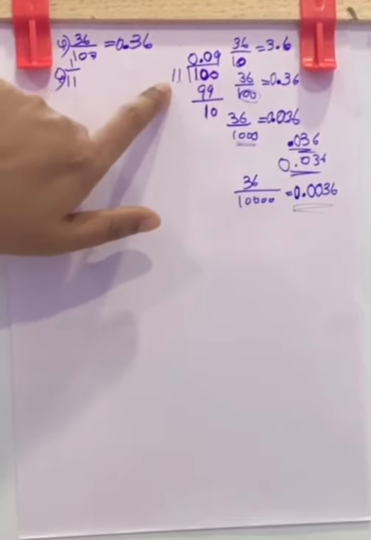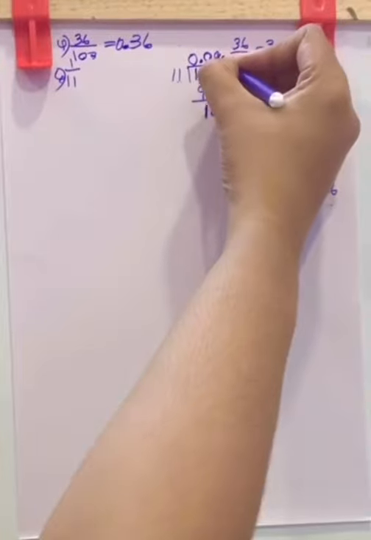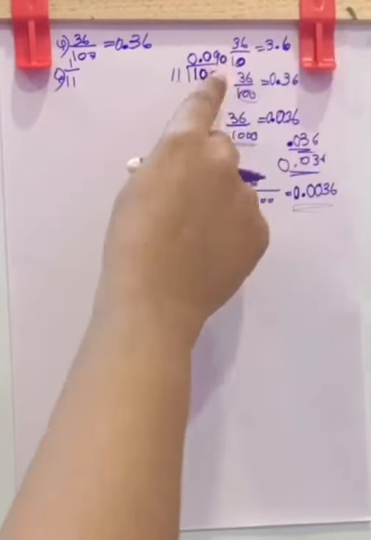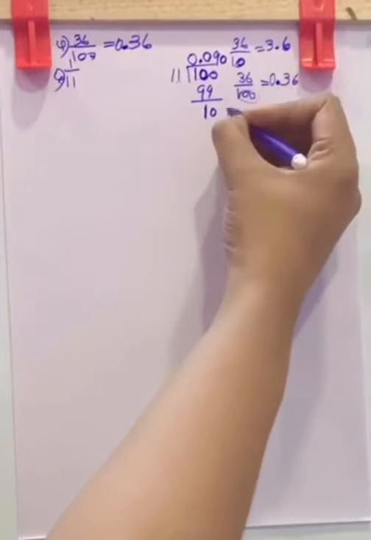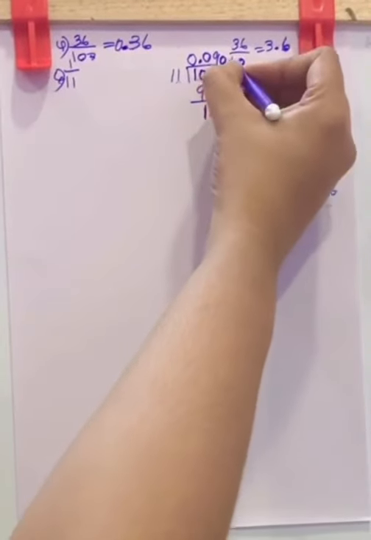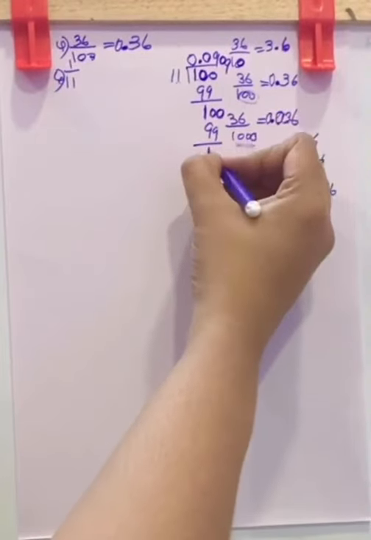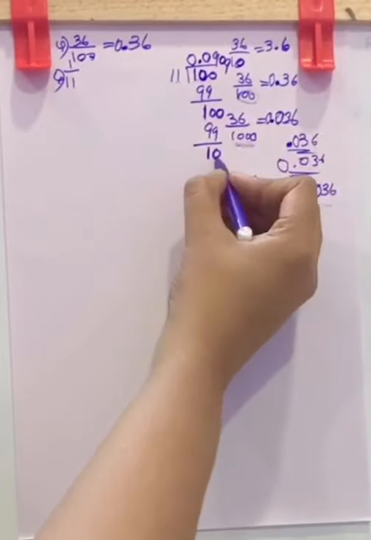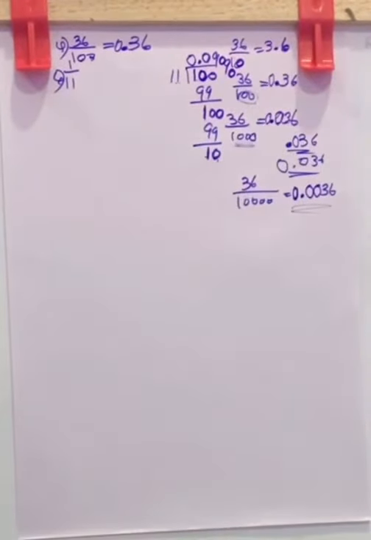In 10, can you divide by 11? No. Again, in 10, you can't divide by 11. That you show by putting a 0 here. That is, here there is no division. Now put a 0 again. In that, 9 times 11 is 99, balance 1. Again we can make it 10. In this 10, there is no division by 11.